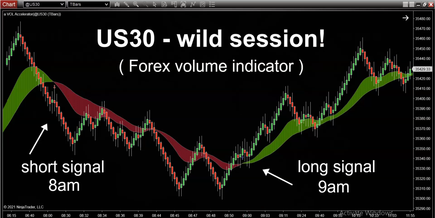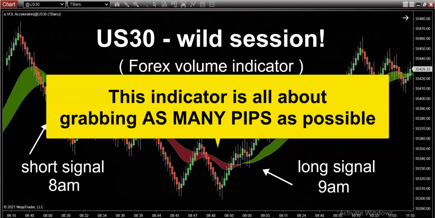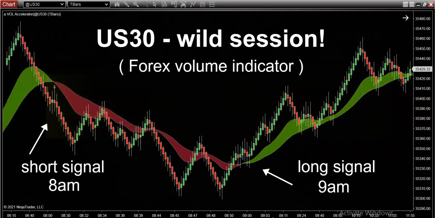More importantly, this is a game of pips. When you trade Forex, your entire day should be spent thinking about how you accumulate pips in your account. That's all it comes down to, whether you're trading a standard lot, a mini lot, or a micro lot. I hope you're starting to get the idea on why this is the best Forex indicator out there, because it doesn't use all the traditional nonsense like Bollinger Bands, stochastics, RSI, all this other garbage.